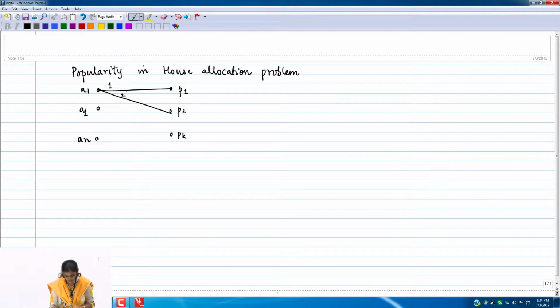So, they will again be ranks. If I say A1 has P1 at rank 1 and P2 at rank 2, in our previous convention we were writing A1: P1 followed by P2. So, the same thing continues for the applicant side.